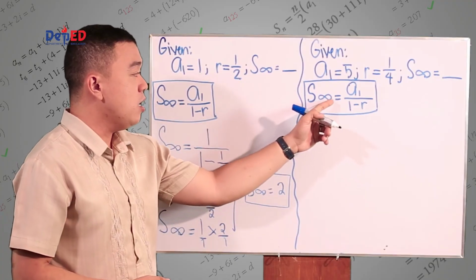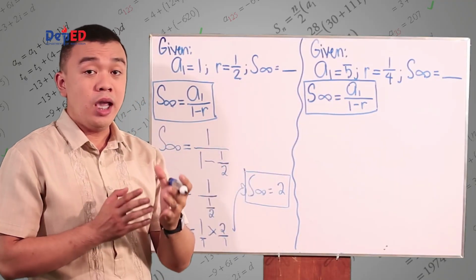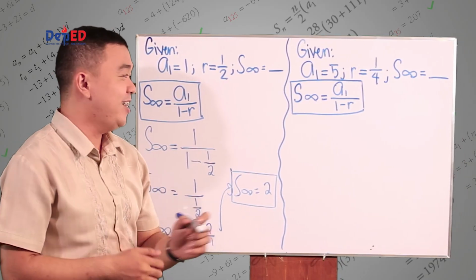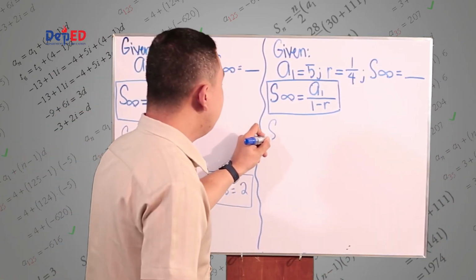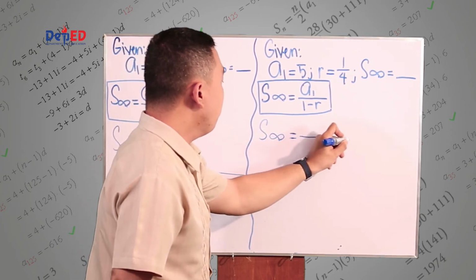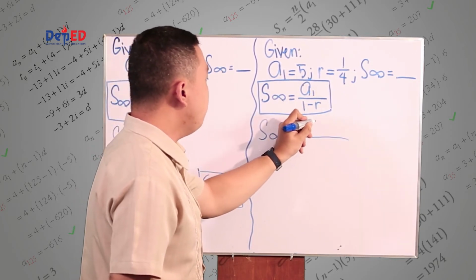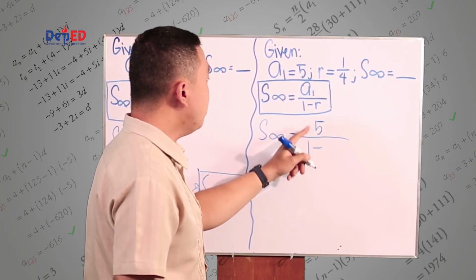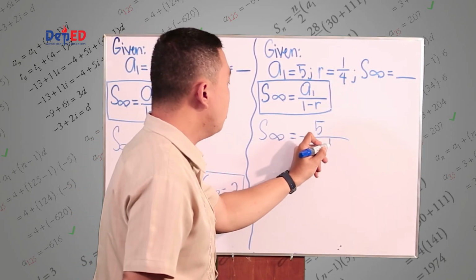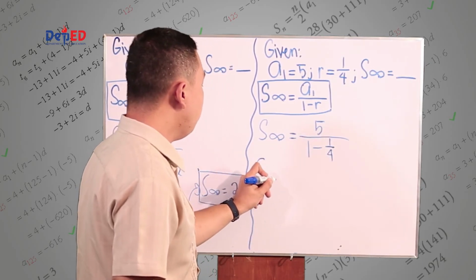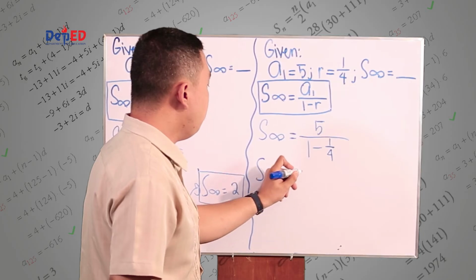Sum to infinity is equal to a sub 1 divided by 1 minus r. So that's sum to infinity is equal to our a sub 1, which is 5, divided by 1 minus our r, which is 1/4.